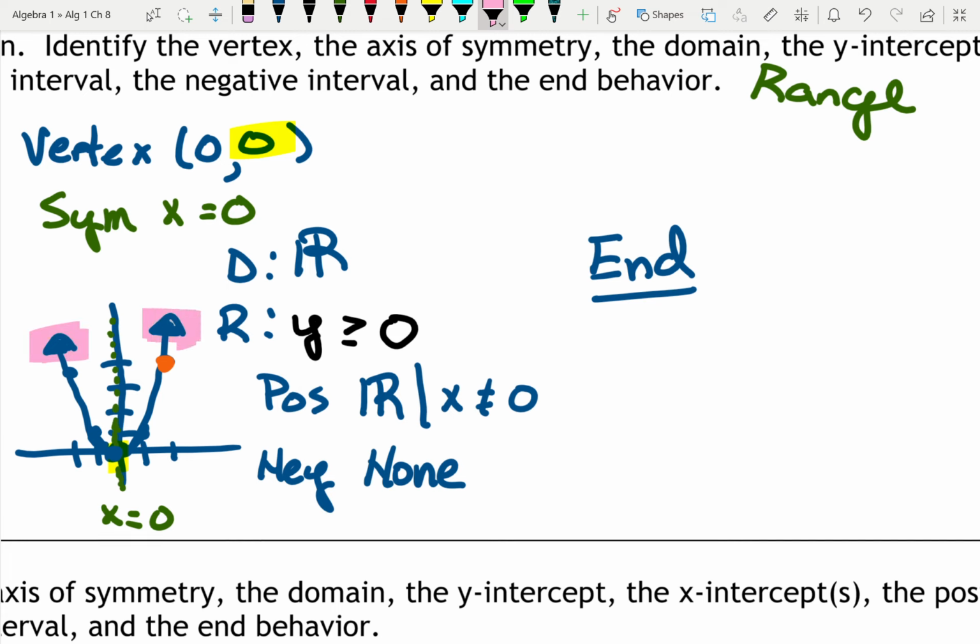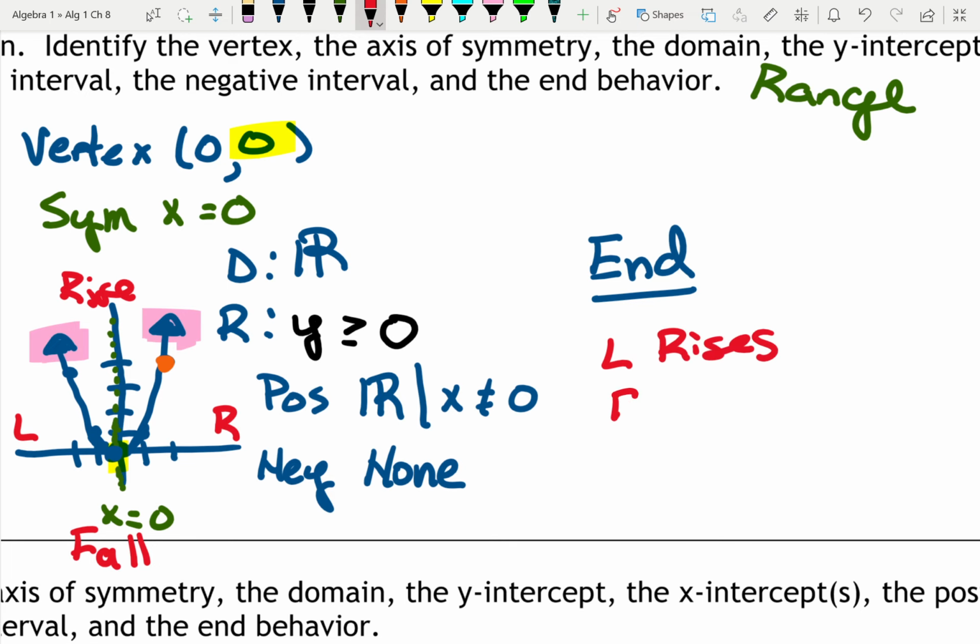So my end behavior on the left, right? We know what the left side of the graph is, right? The left is on the left and the right is on the right. They either rise or they fall. Fall is going to the bottom. So we can say on the left, it rises. And also on the right, it rises.